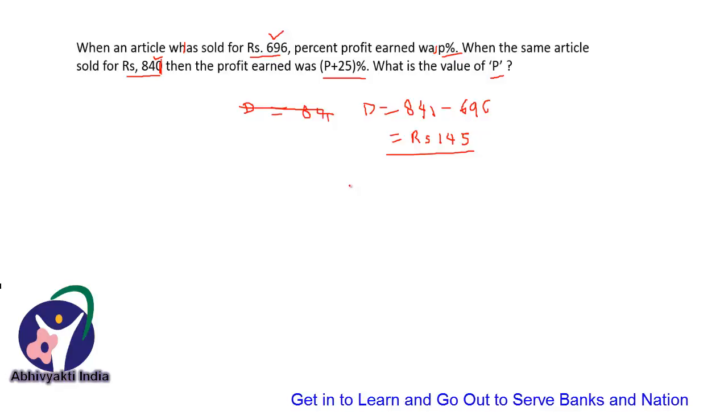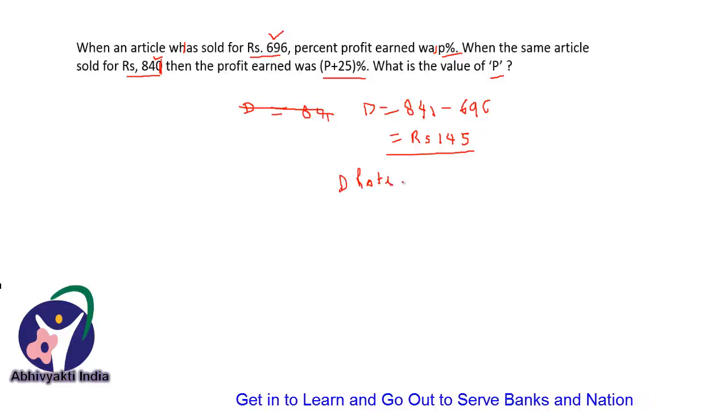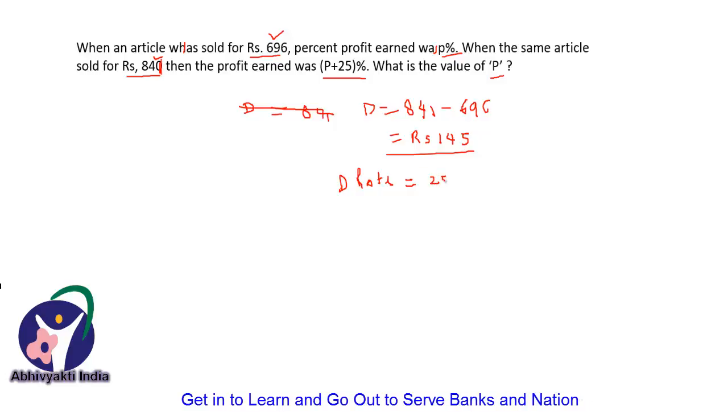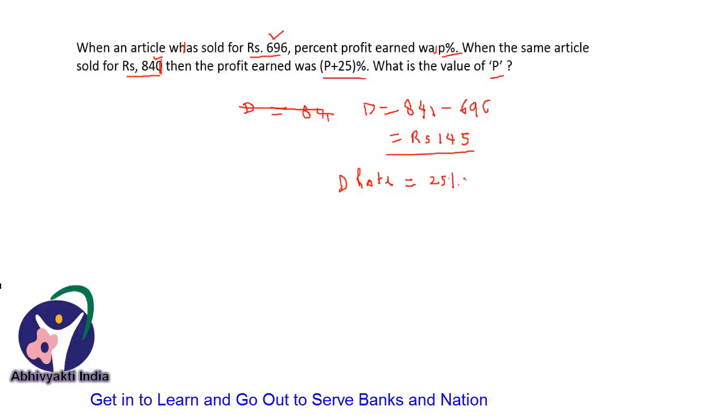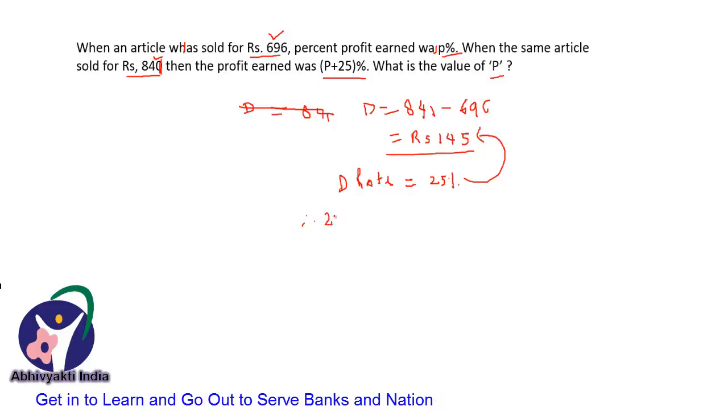But the difference in the rate is equal to 25%, because in the first case it is P% and in the second case it is P plus 25%. So the difference between the two rates is 25%. It means that 25% of the cost price is 145 rupees.